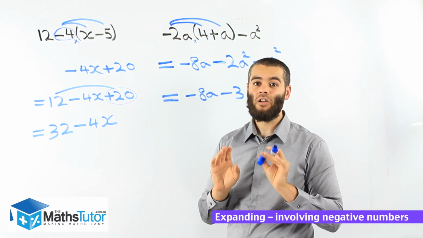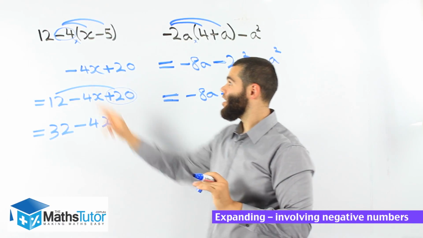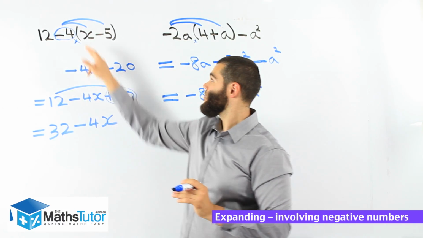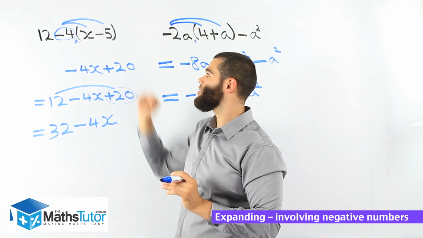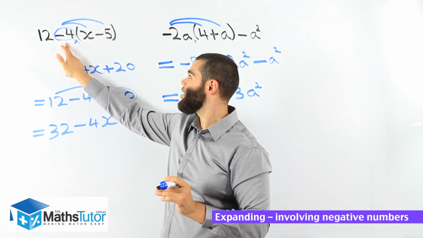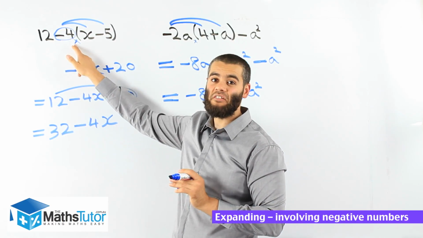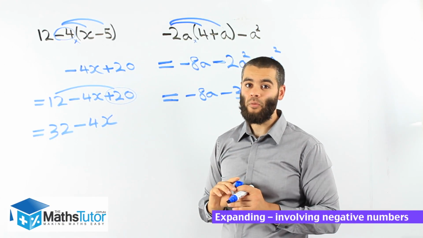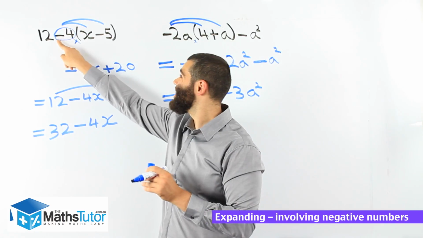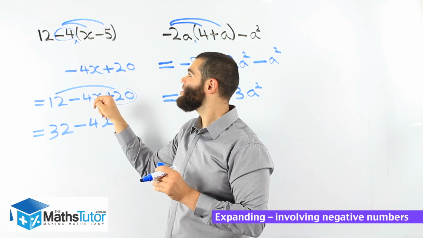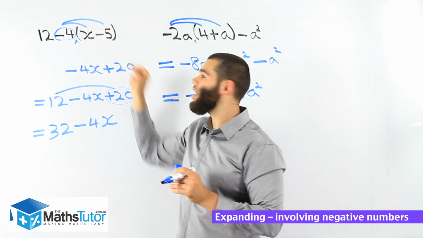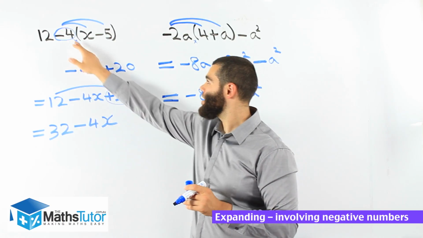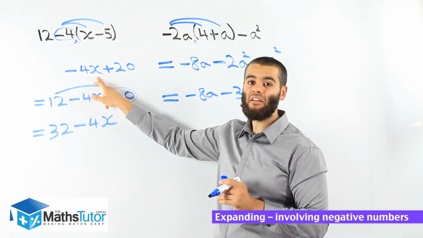Let me go through this one more time. We have 12 take away 4, open bracket, x minus 5, close bracket. We know there's a multiplication, it's invisible. We do the multiplication first because we have to follow the order of operations. Very important. Negative 4 times x is negative 4x.